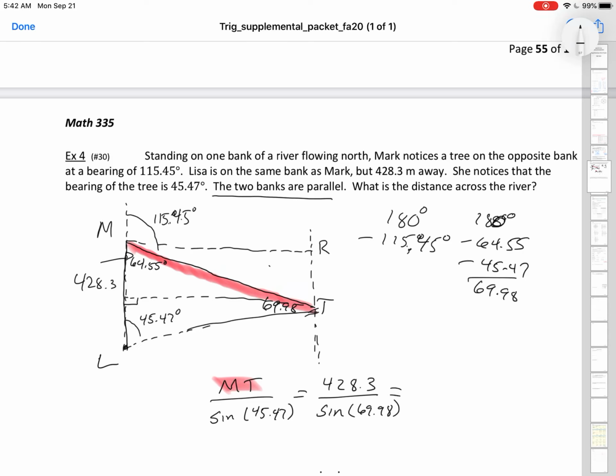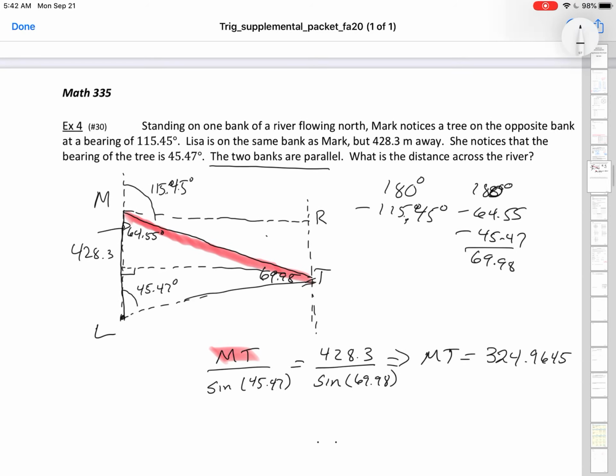If I run that through my calculator, it's going to give me an MT value, and I pre-ran this, of 324.9645. I'll go out that far.